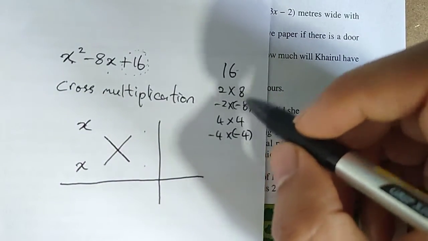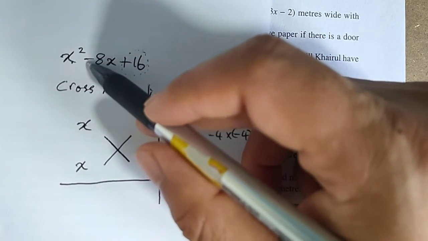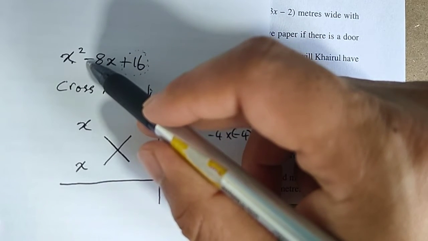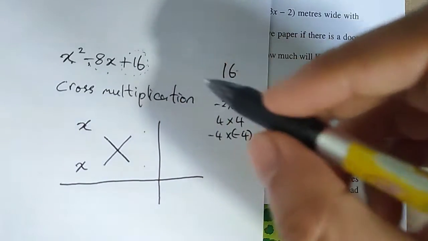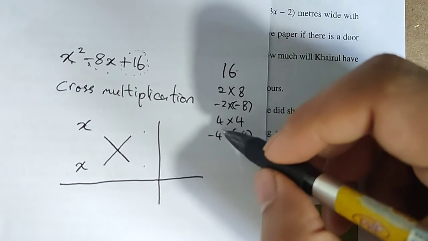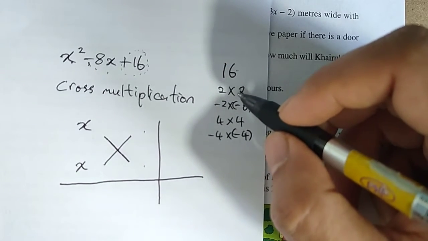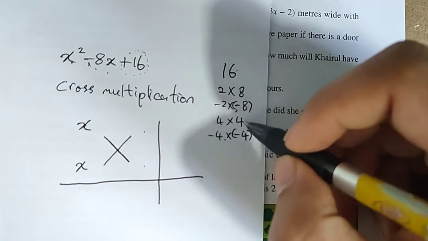And a little idea for you, take a look at the middle term. It is negative, so it is a good idea to determine that the integers must be negative. So these two we can eliminate.